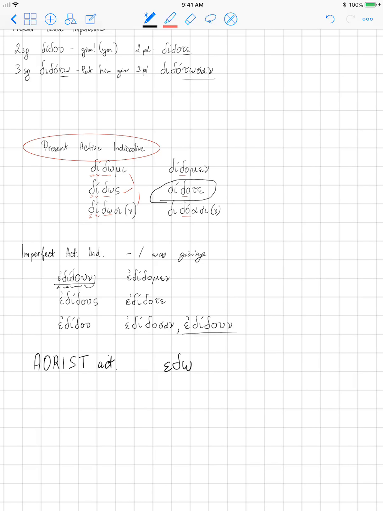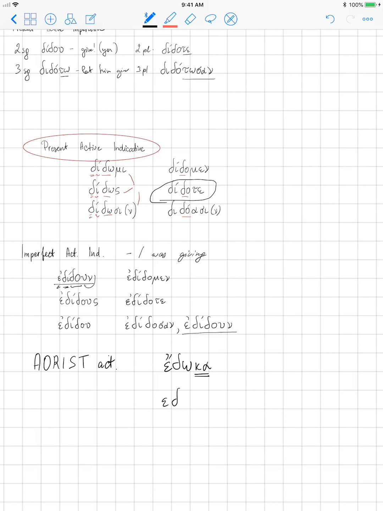And the ending for this particular mi verb aorist is ka for the first person. So the morpheme of the tense is ka. We've seen ka in the imperfect for regular verbs. Well, we're going to see them here as well, but it also appears in aorist active indicative for mi verbs. A good thing to remember. Apart from that, everything else is very straightforward and logical.